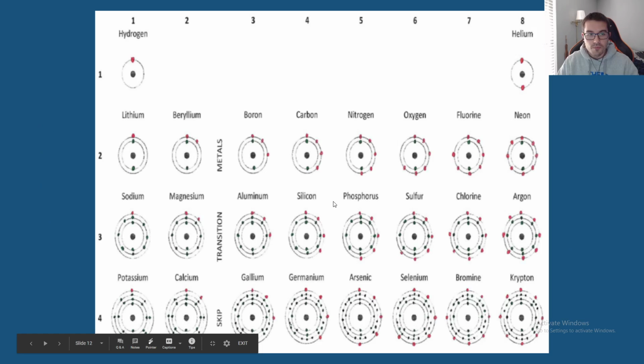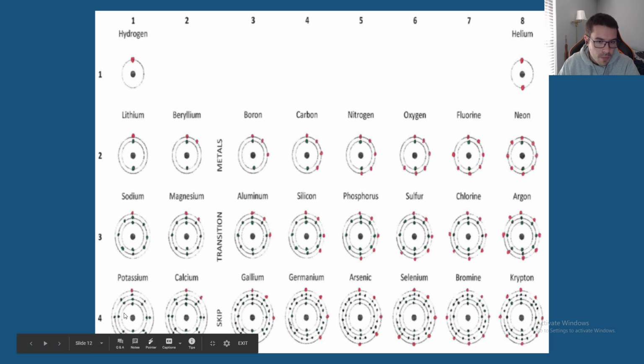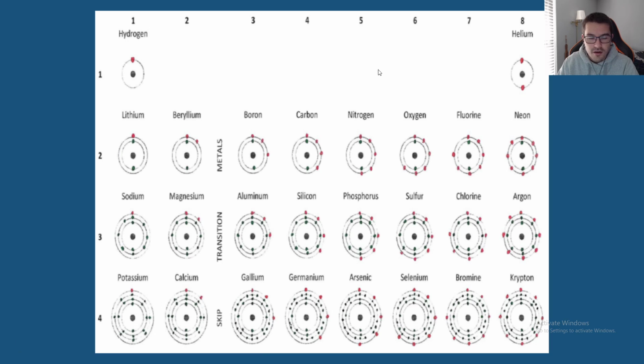Okay, so we're also going to be using this diagram here, which I included in the follow-up video after our lesson on the electron configuration in the periodic table. These are Bohr models of some of the first few elements on the periodic table. Okay, and in fact, this goes through the fourth row from groups 1 to 18, technically.